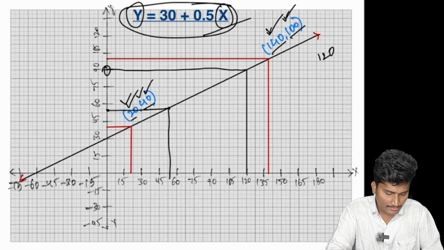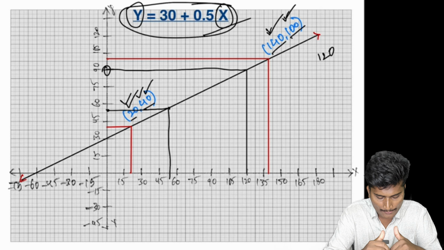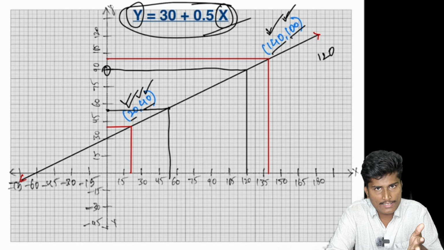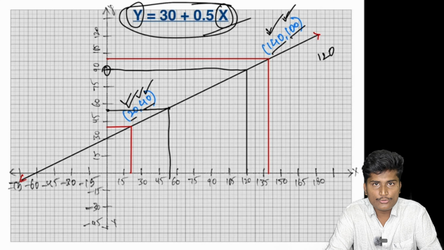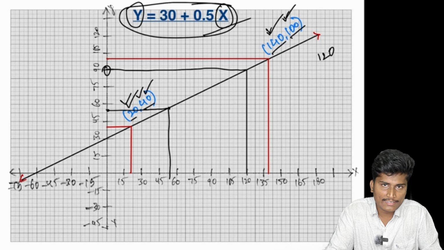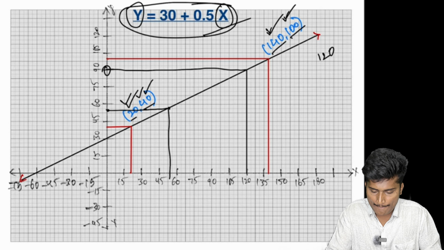Because if you just had that equation, you will not be able to tell me how many marks I will get if I studied for 80 hours. To know the answer, you need to calculate it. And also, if I asked you for another number of hours, say for example 200 hours, then you need to again calculate how many marks you need to get by substituting the values in the equation.